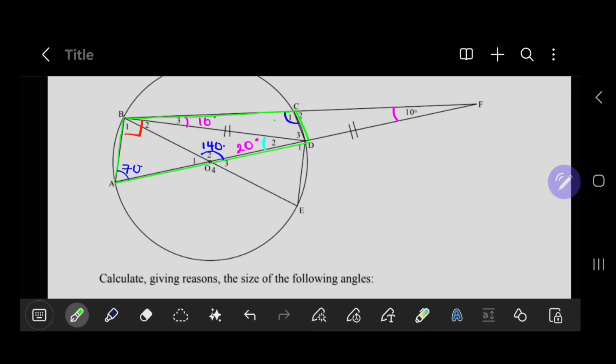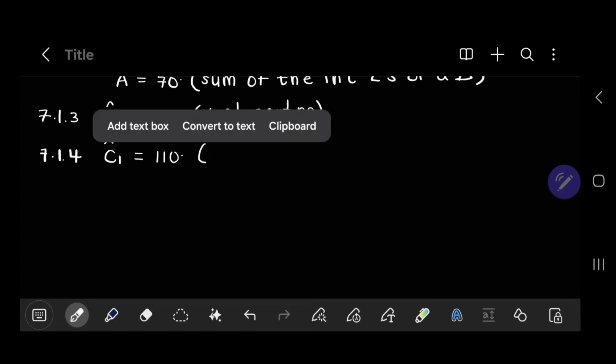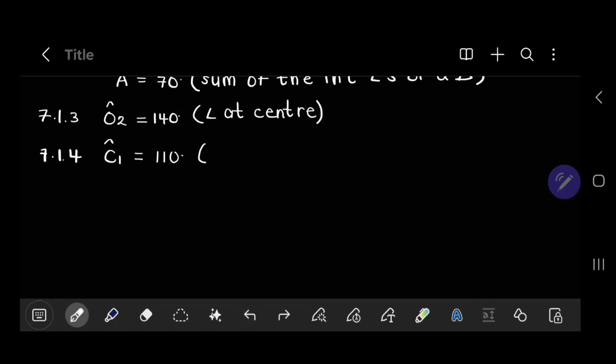That means that angle C1 is 180 minus 70, which is going to be 110 degrees. So that was quite simple. We can write this answer as angle C1 is equal to 110, and our reason is opposite angles of a cyclic quad, which we just write as CQ.